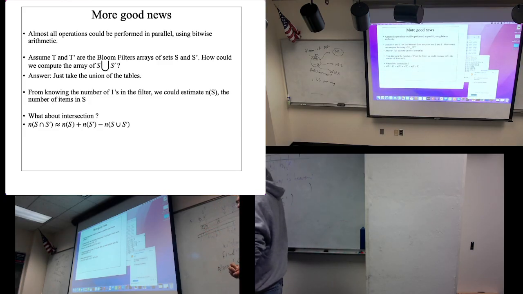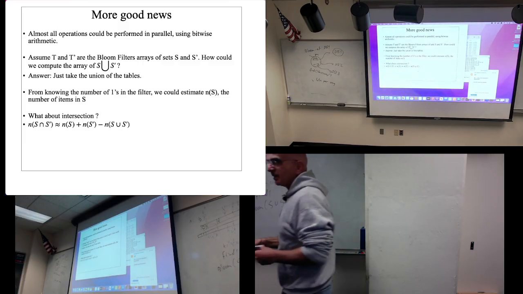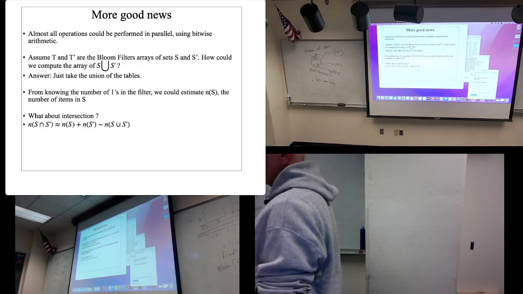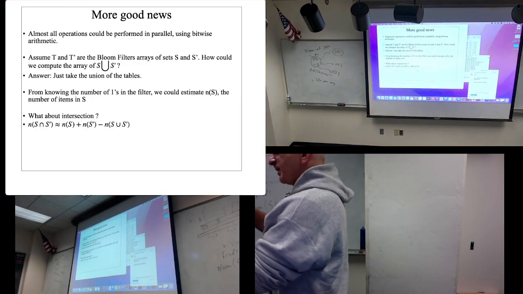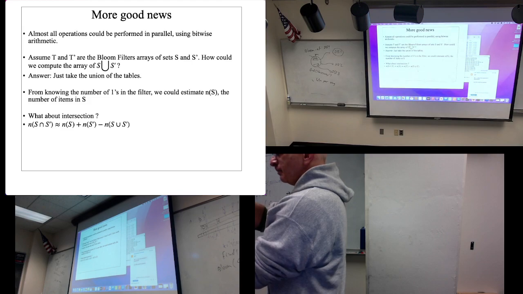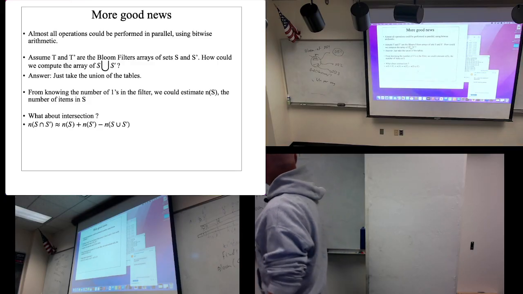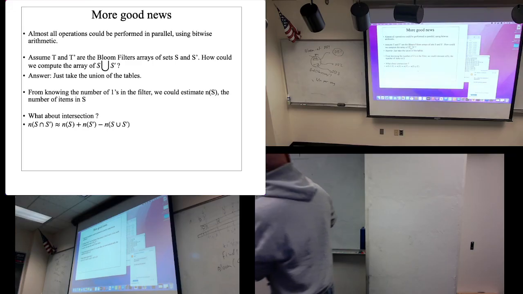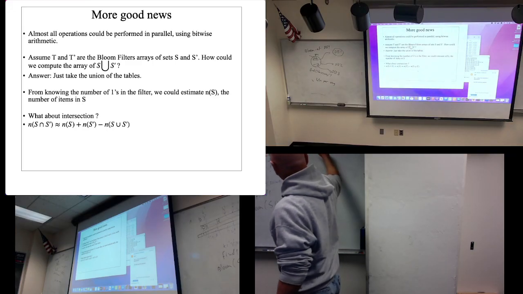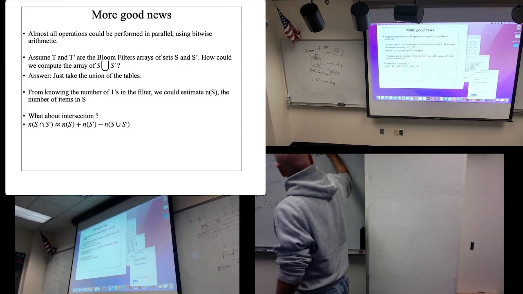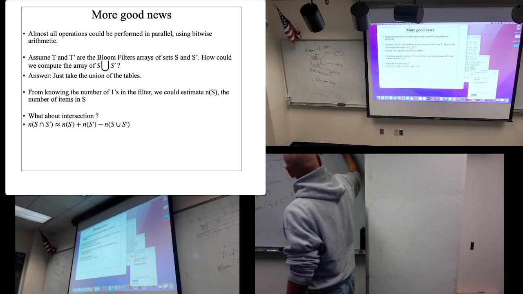And I can do it bit by bit, but I can also use the power of the bitwise arithmetic that your computer is so good at doing. Right? You can take two binary strings. I don't think about them as strings. I just think about them as numbers, long integers, and do bitwise OR. The result of this and this will be the Bloom filter of S union S prime.